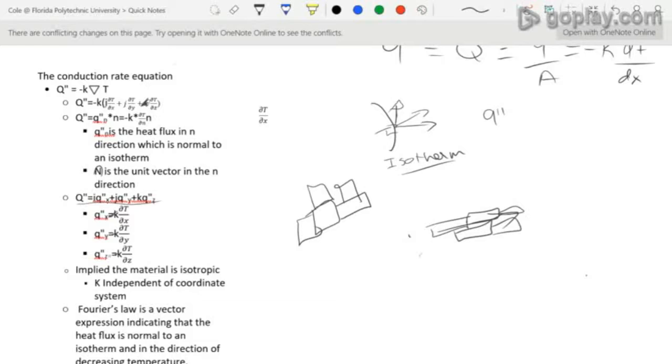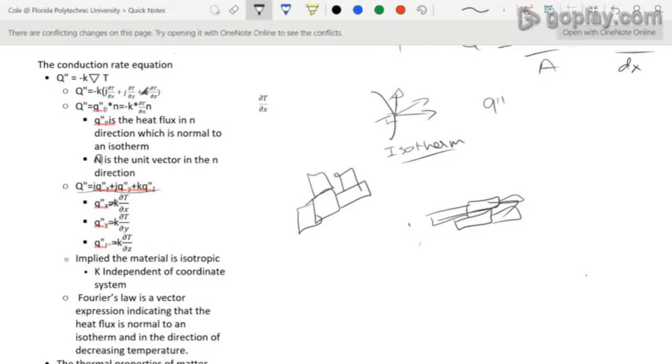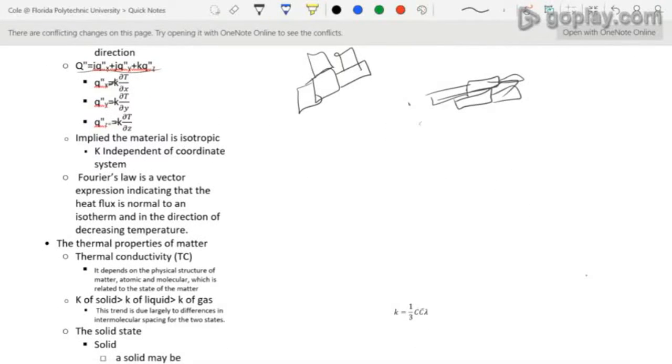So this implies that k is independent of the coordinate system, or independent of the x, the y, and the z, and that's why you can factor it out up here. You can factor out the k because it's independent of those coordinates. The Fourier's law is a vector expression indicating that the heat flux is normal to an isotherm, which is just basically a surface at constant temperature, in the direction of decreasing temperature.